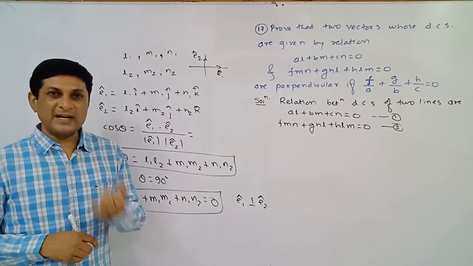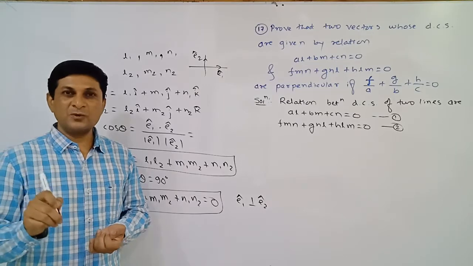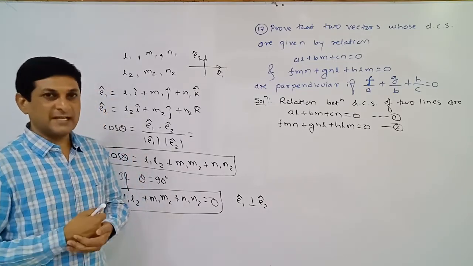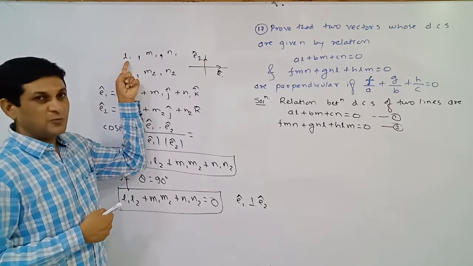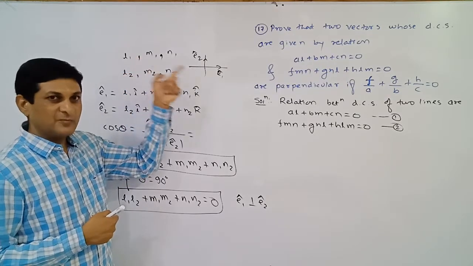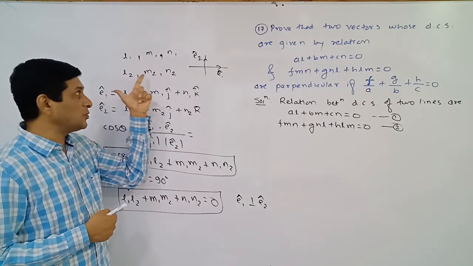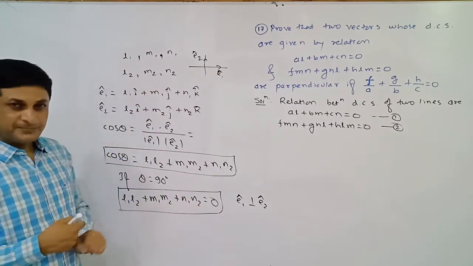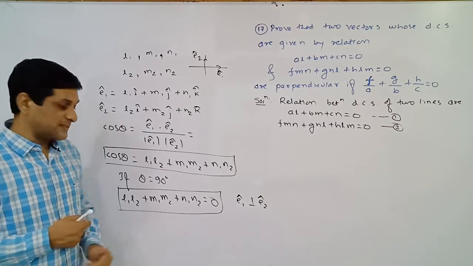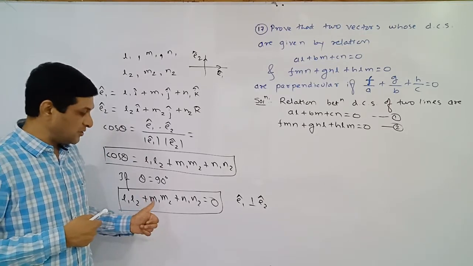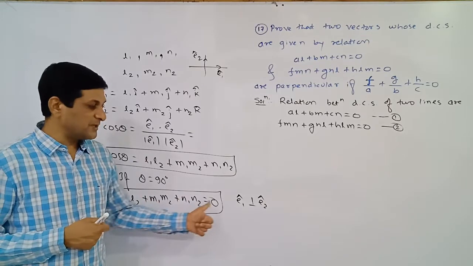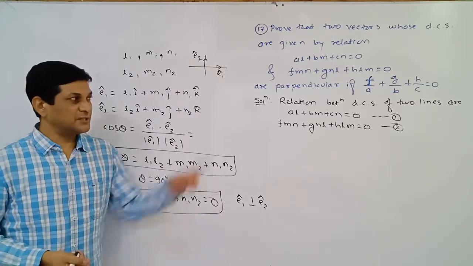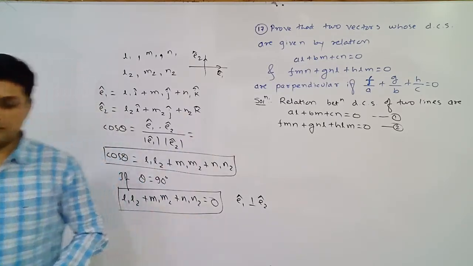If only one line is given to us, we denote direction cosines by L, M, N. But here two lines are given, that's why the direction cosines of the first line we have denoted by L1, M1, N1, and the second line by L2, M2, N2. And if the lines are perpendicular, at that time the direction cosines satisfy which condition? L1 L2 plus M1 M2 plus N1 N2 is equal to 0. Isn't it? So let us make use of this condition while solving this example.